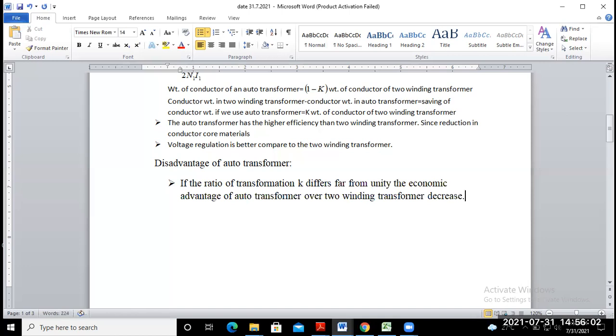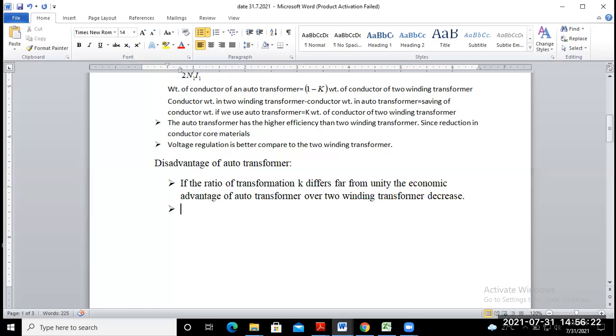Next, the main disadvantage of an auto transformer is due to the direct connection of the windings. A part of the winding is directly connected between the low tension and high tension side.